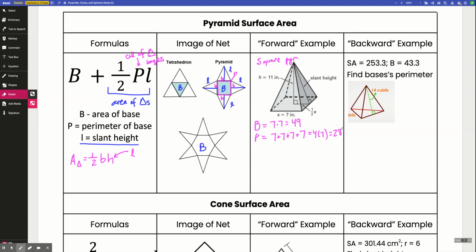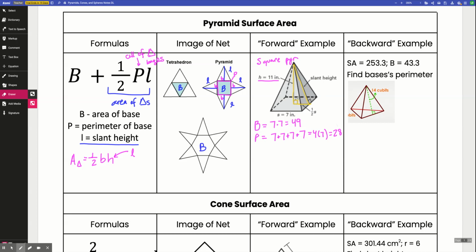Now, the thing that's going to be a little bit tricky is the slant height, because notice they gave us the actual height, the vertical height, but they didn't give us the slant height of this pyramid. But what I'm hoping you can see on here is this right triangle that goes through the right half of this pyramid.